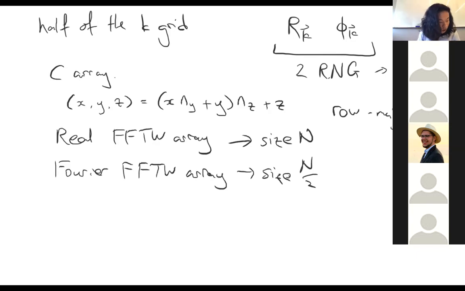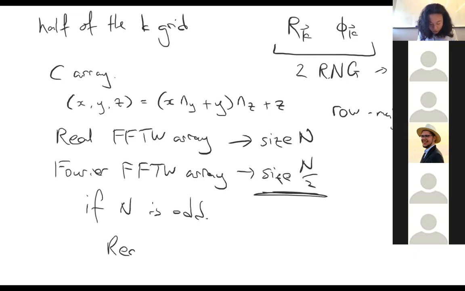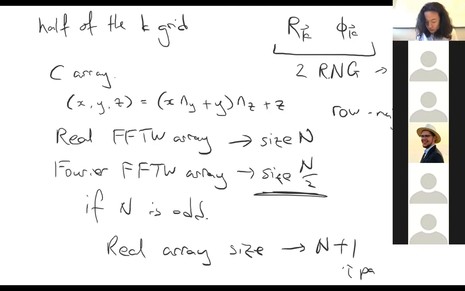But if n is odd, then you realize that you actually don't have enough to store all of the Fourier FFTW information. So you need to pad the real array. The real array size must be n plus 1, I think. Yes, it must be n plus 1. This 1 is what they call padding. This is to make sure that you actually have enough memory once you go into Fourier space to store n/2 complex numbers.